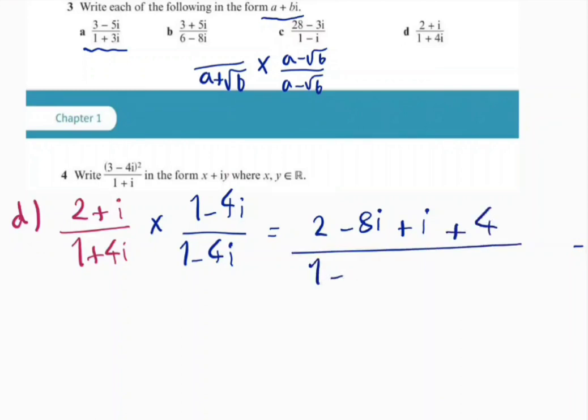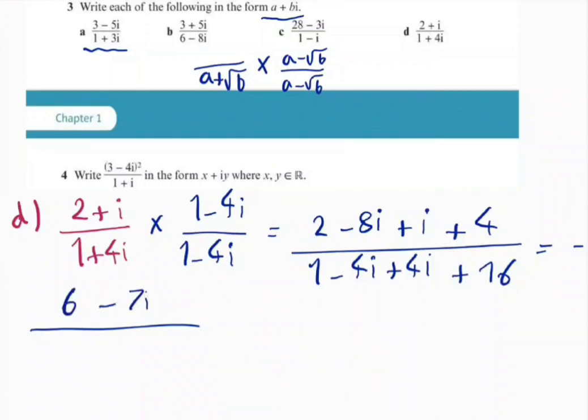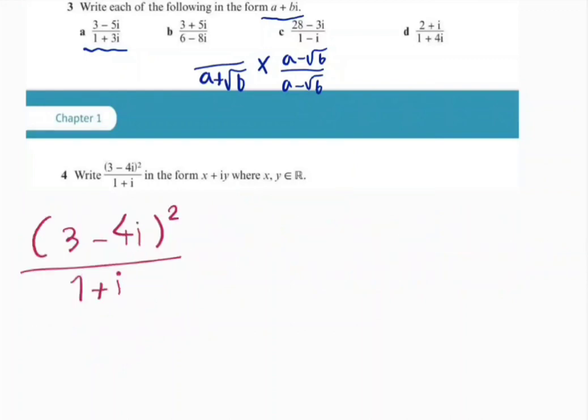Then in the denominator we have 1 minus 4i plus 4i minus 16i squared, which is 16. So 2 plus 4 is 6. Then minus 7i. In the denominator, we have 17. Okay, so that's it for the first question. Now let's do the second one, which is question number 4.